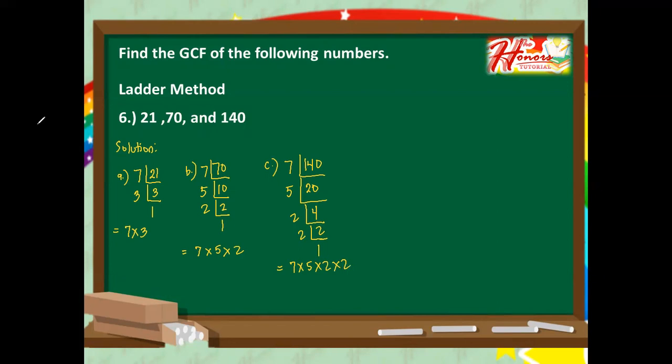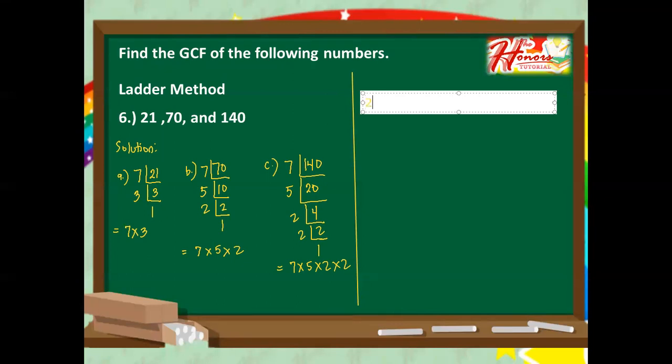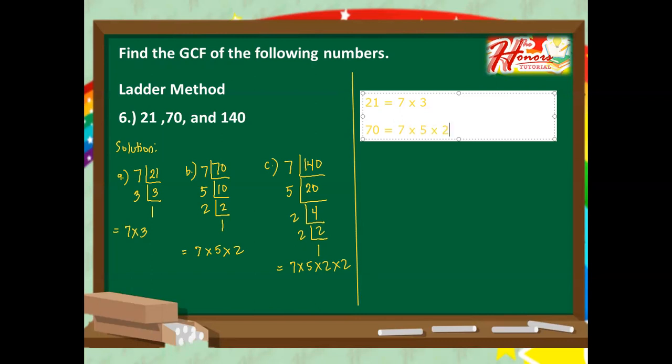Now let's find the GCF of the following numbers. We have here 21 equals 7 times 3. We also have here 70 is equal to 7 times 5 times 2.